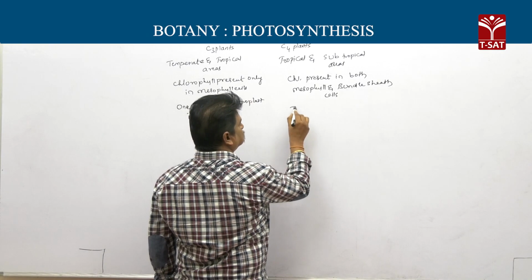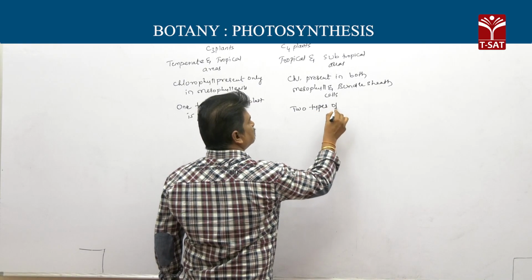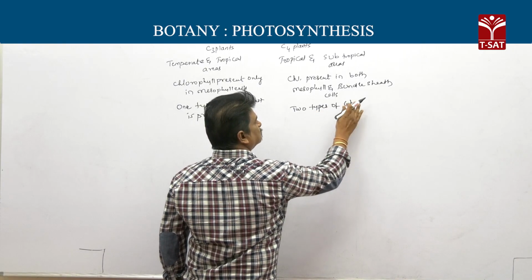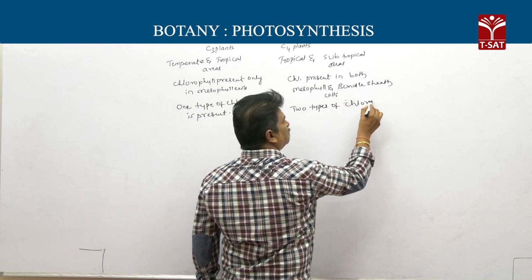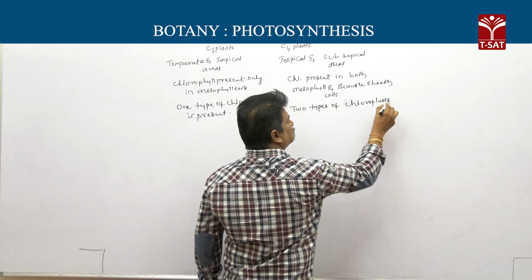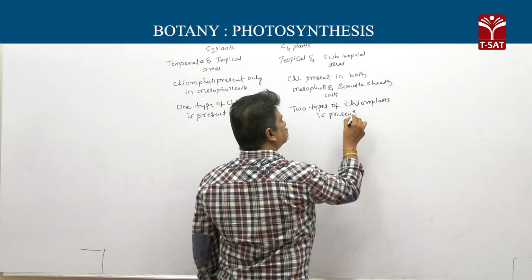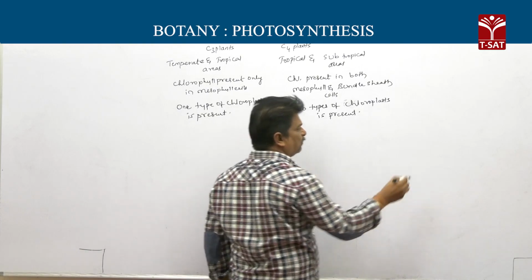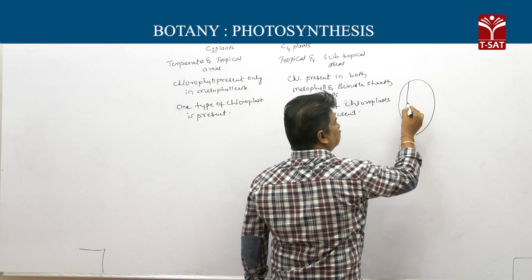C4 plants, two types of chloroplast. C4 plants, two types of chloroplast is present. How two types? One is mesophyll chloroplast.